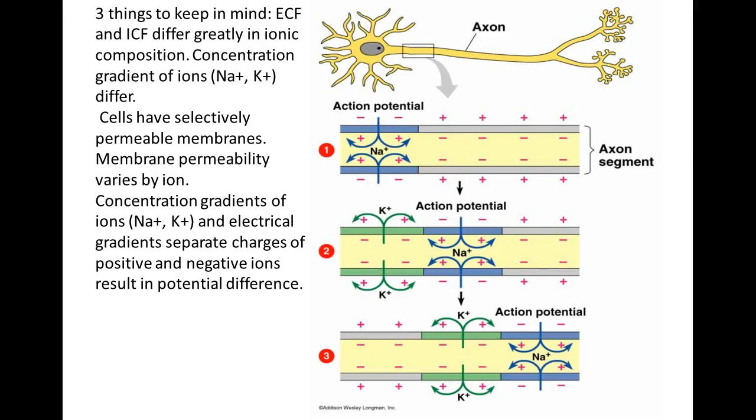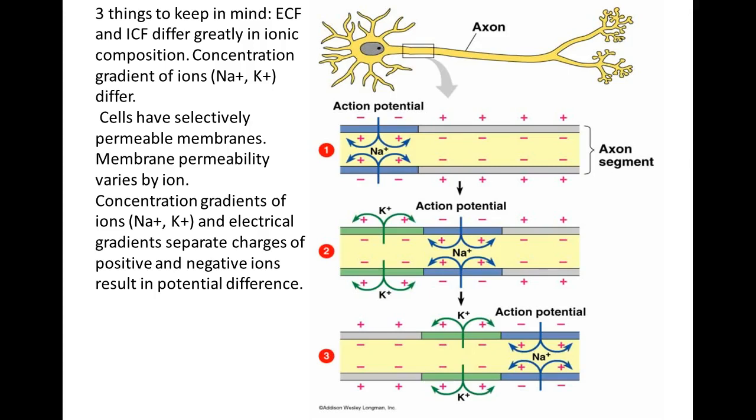So the concentration gradient, the chemical gradient, and the electrical gradient will separate the charges of positive and negative ions, and the result is the potential difference. So what could happen? These forces are keeping these positive and negative charges apart, but something can happen to disrupt that.